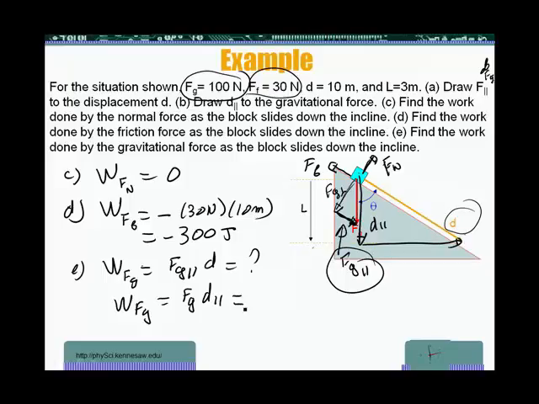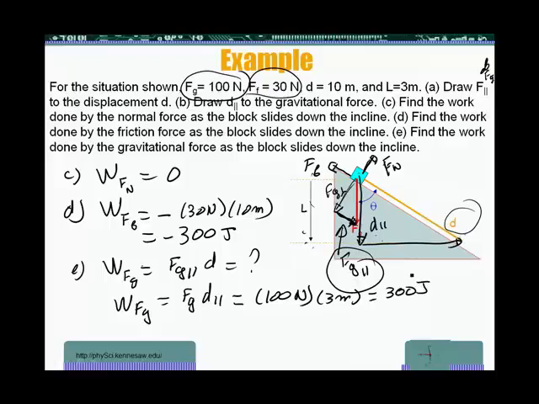Then my equation becomes 100 newtons. They are in the same direction, so it's plus, times, what's d parallel? d parallel is the same as L. Look at that. So it's times 3 meters. So in this case, that would be 300 joules.